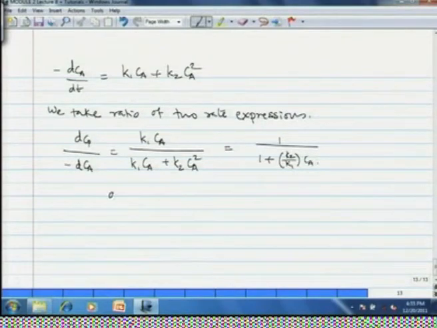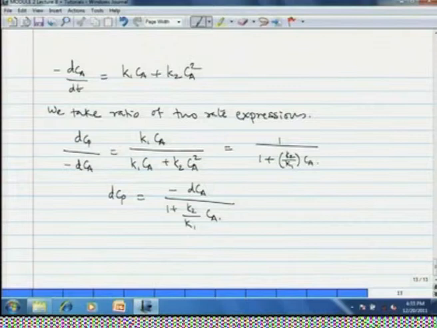Then we separate variables. So, we have an equation to integrate.